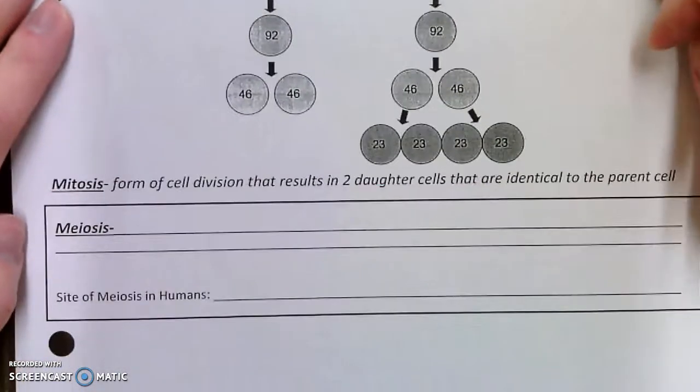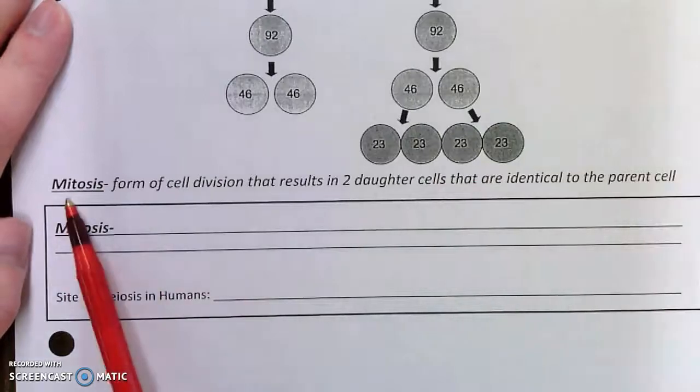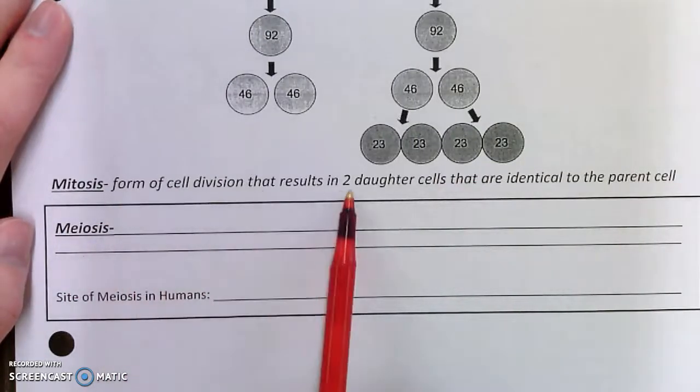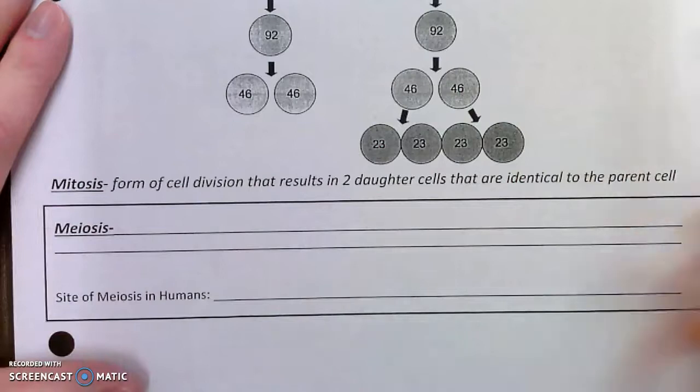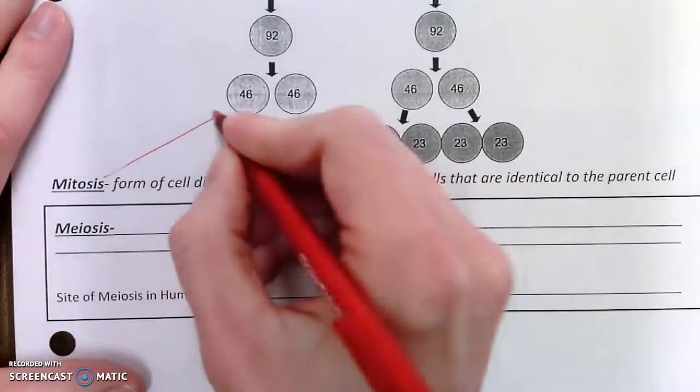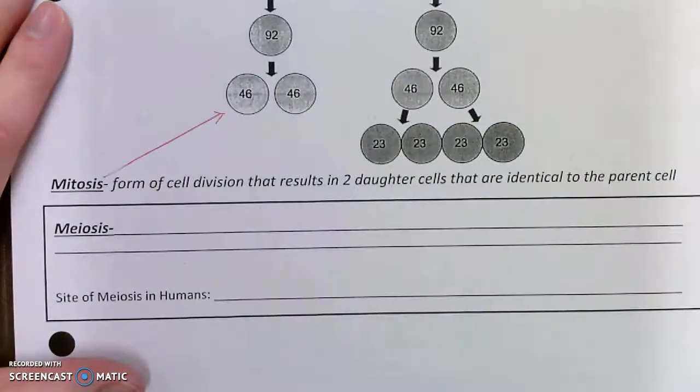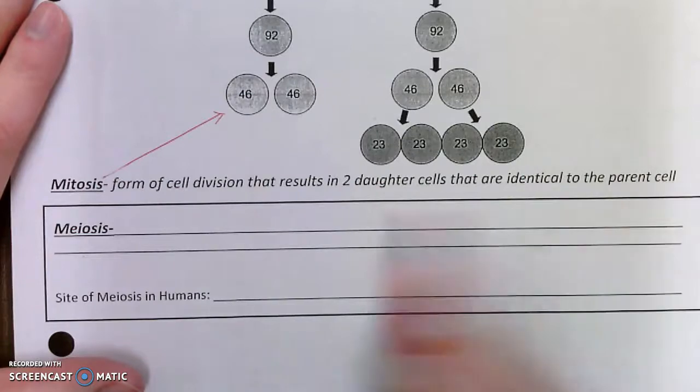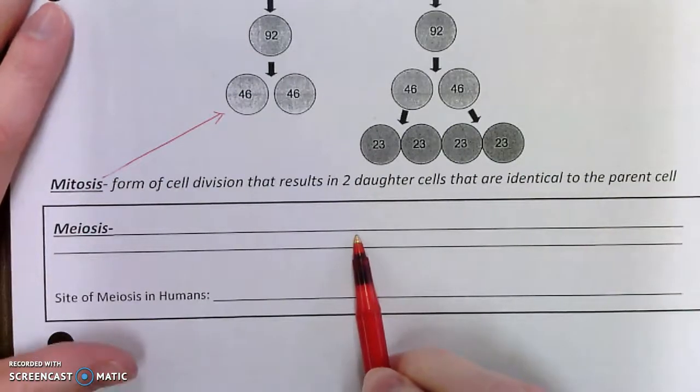We go down a little bit more. Mitosis is a form of cell division that results in 2 daughter cells that are identical to the parent. So this definition goes with mitosis. Meiosis is what we start now.